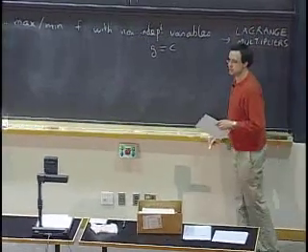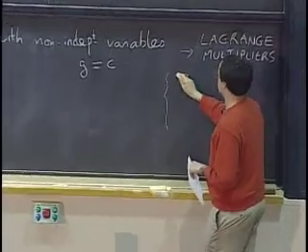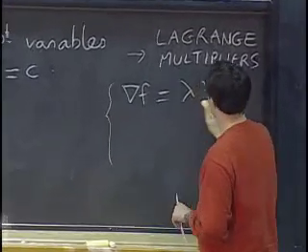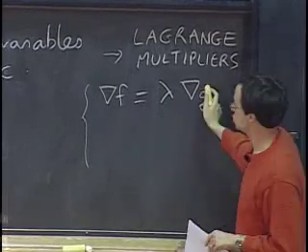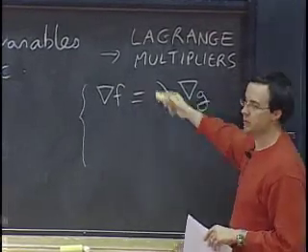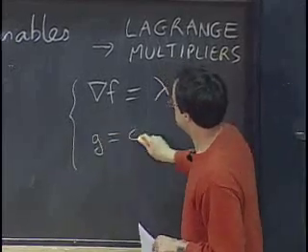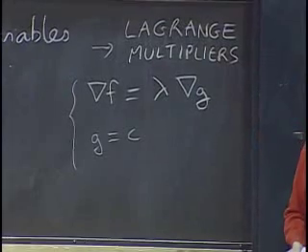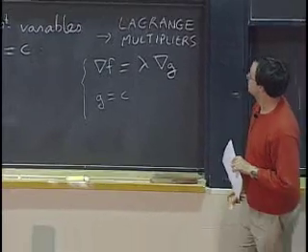What this method says is that we should solve the equation gradient f equals some unknown scalar lambda times the gradient g. That means each partial, f sub x equals lambda g sub x, and so on. And of course, we have to keep in mind the constraint equation so that we have the same number of equations as the number of unknowns, because you have a new unknown here.